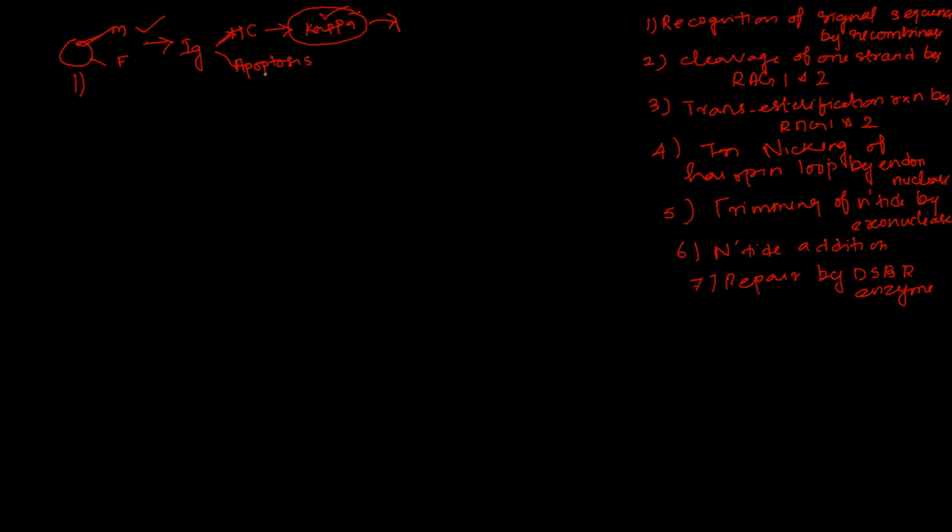And if it does not, it will see whether it has genes for lambda, then it will make lambda light chain. And if it does not have both, in that case, it will undergo apoptosis. Okay. Now, we also know heavy chain is V, D, and J. Light chain is V and J. And both are followed by constant, right?